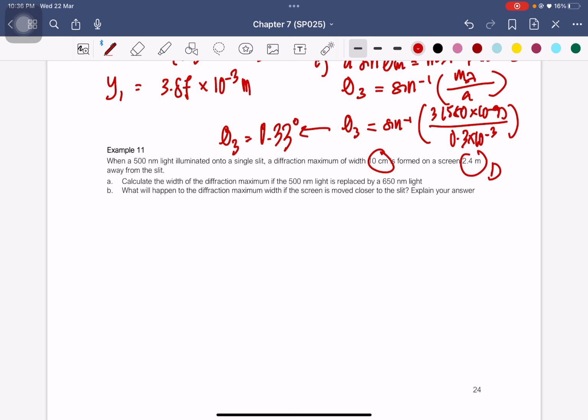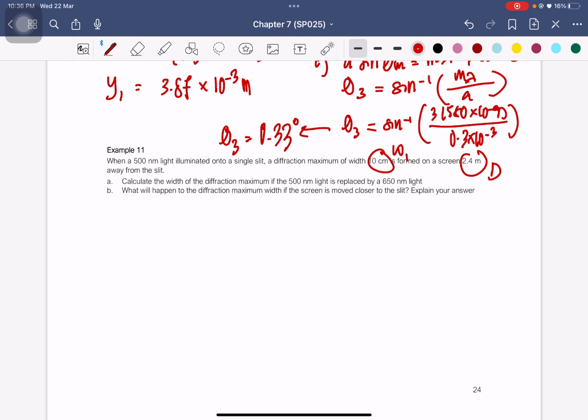So this is capital D, this is W1. We have to calculate the width of the diffraction maximum if the wavelength is replaced by a 650 nanometer light.